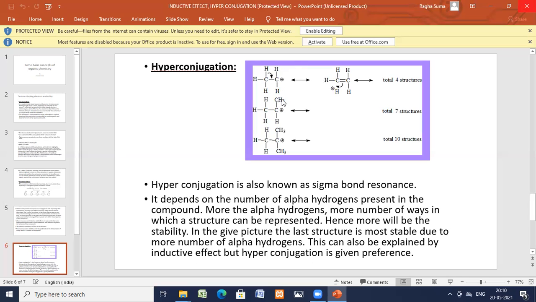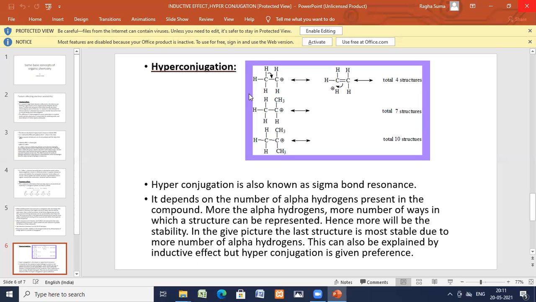So this effect is hyperconjugation, or you can even call it the Baker-Nathan effect. We can clearly tell the electron releasing effect of the alkyl groups by hyperconjugation. It is due to the hydrogens attached to the carbons.